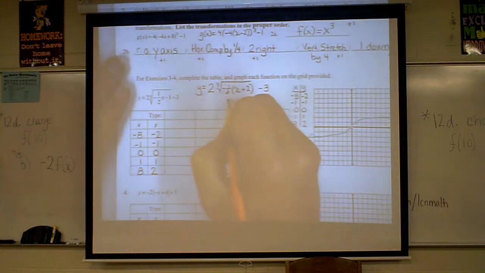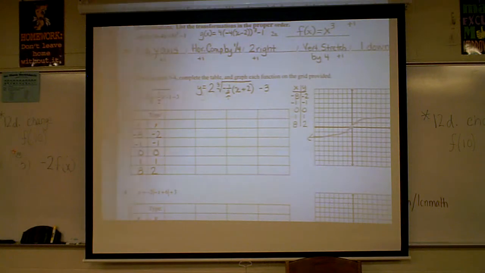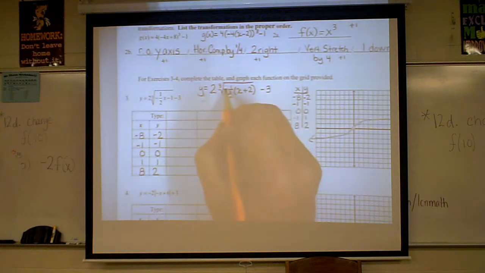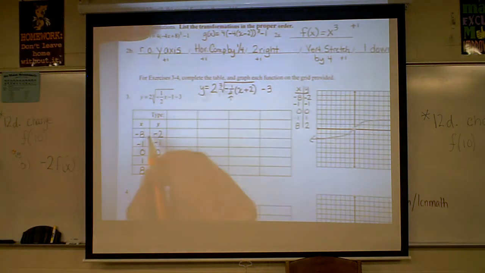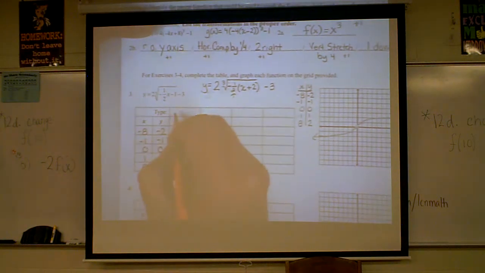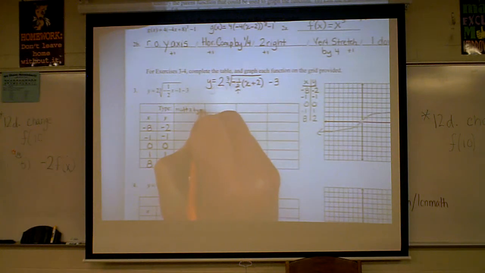You start right here. That would be your a value. So this is going to reflect your graph over the y-axis, and you're going to flip this 1/2, and it becomes 2. So this number inside has to be multiplied, when you flip it, by all the x values. So I'm going to write myself a little note here. What I'm doing, I'm going to multiply the x values by -2.